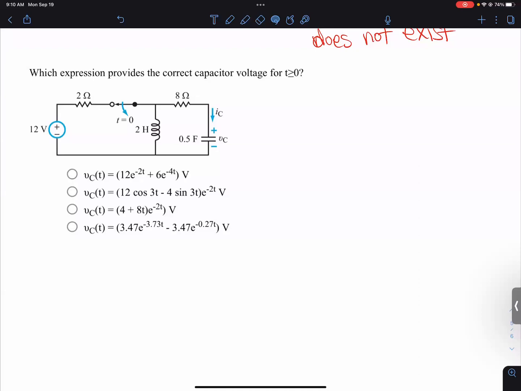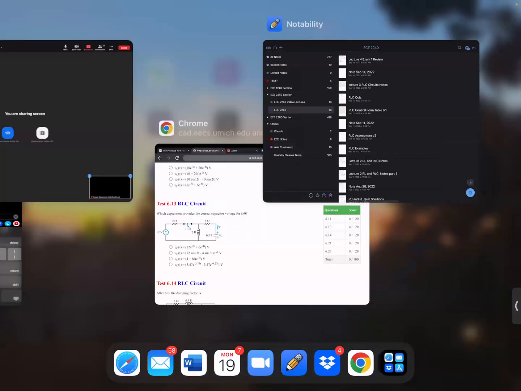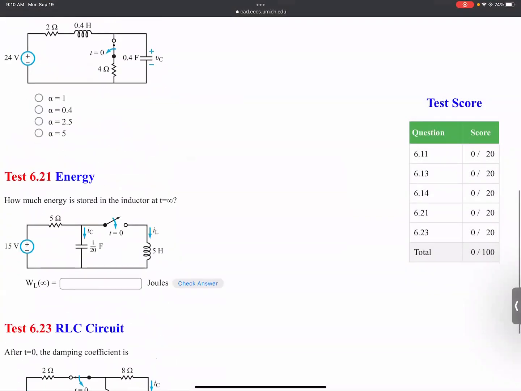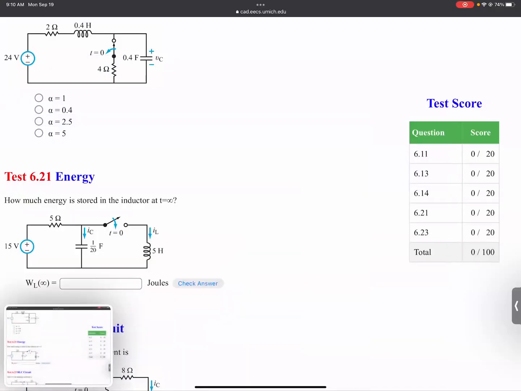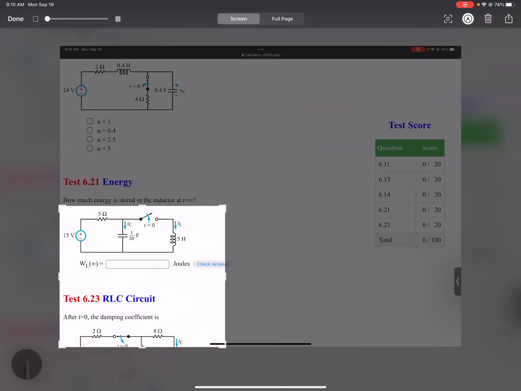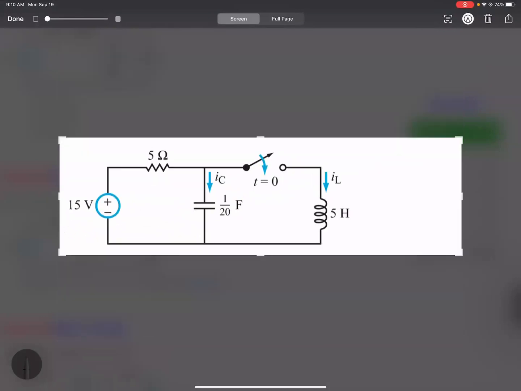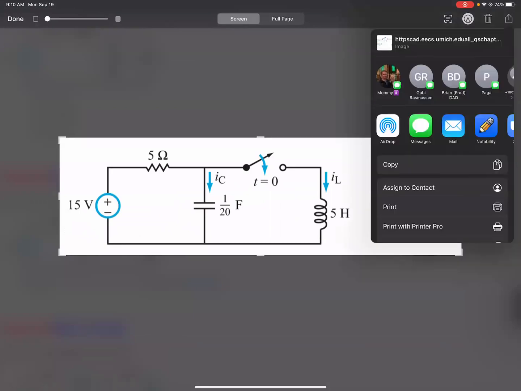Yeah, it looks like a series. You're right, it's early morning. Okay, here we go. If this is closed, then at the final one we're going to have these two in parallel. Okay, we got a parallel here.